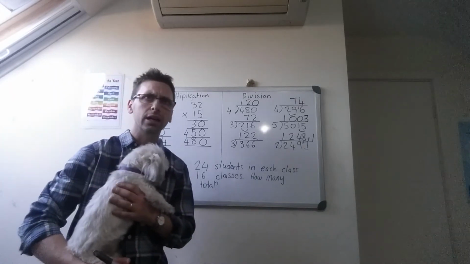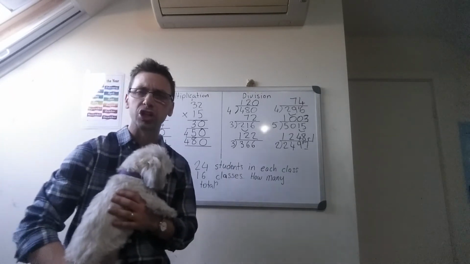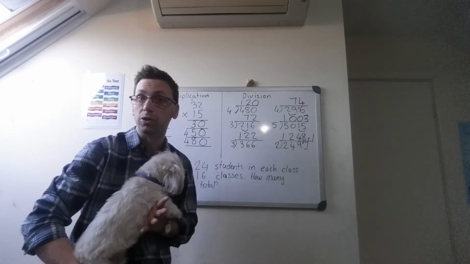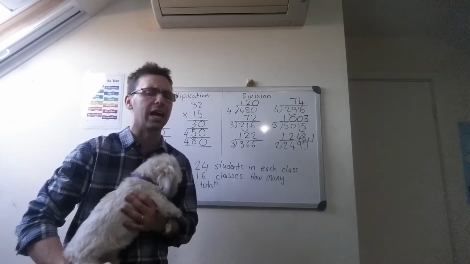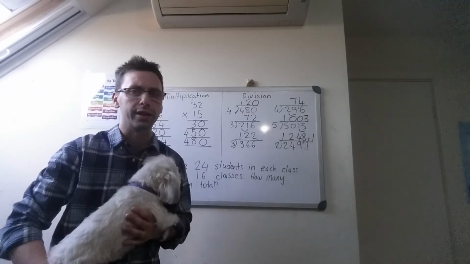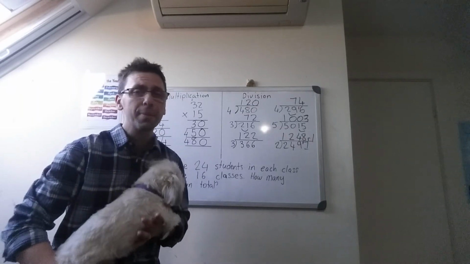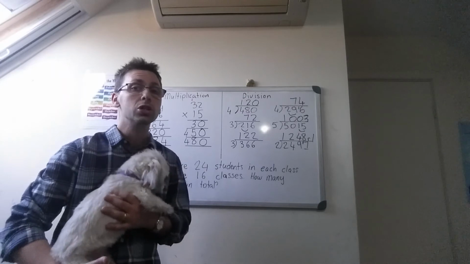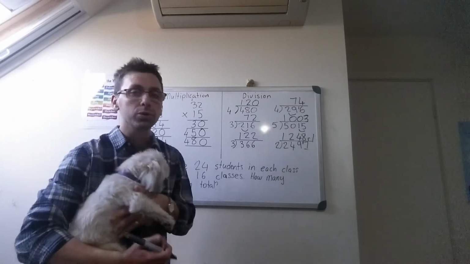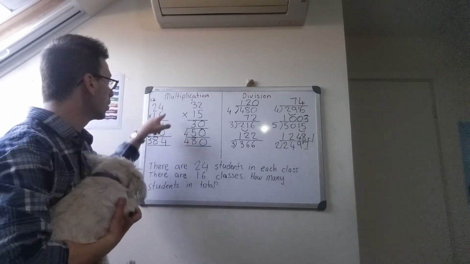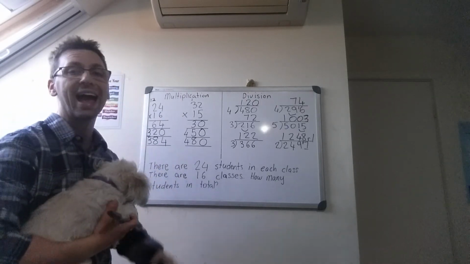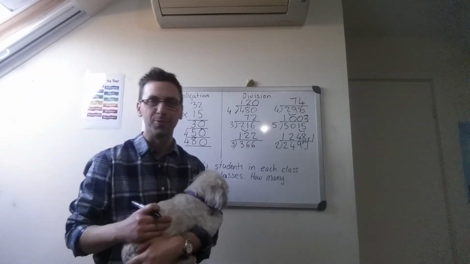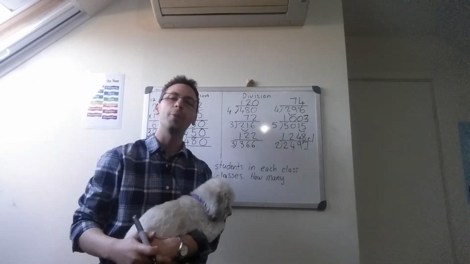Well, if there are 2 classes, how many students would there be? 24 times 2, 48 students. If there were 3 classes, 24 times 3, which is 72. But there are 16 classes. So we need to multiply 24 times 16, which equals 384.